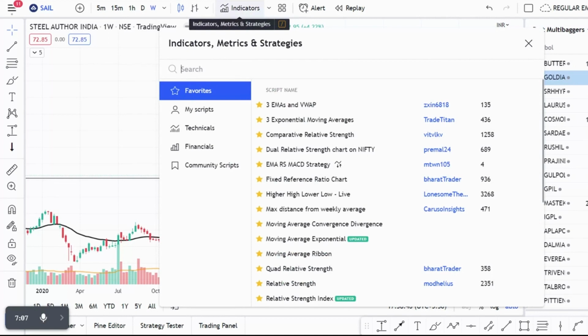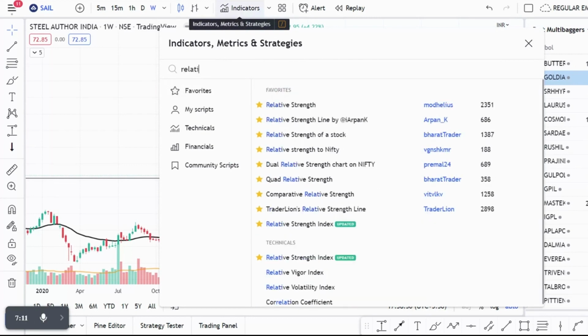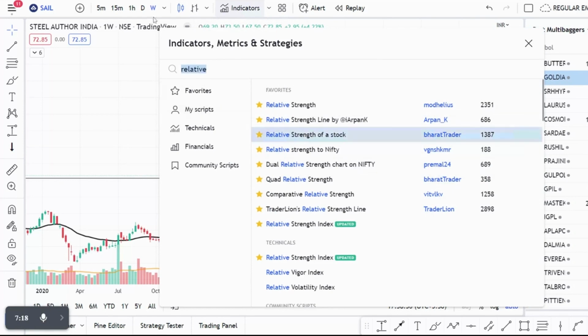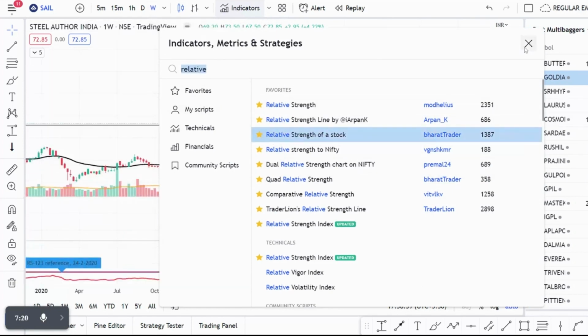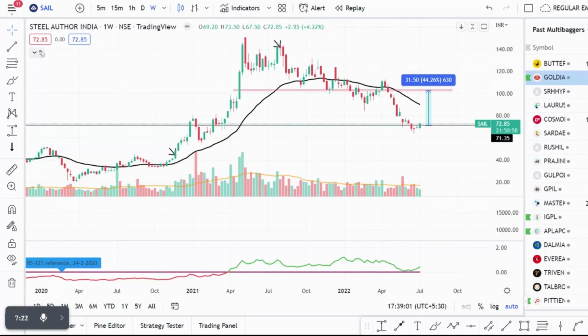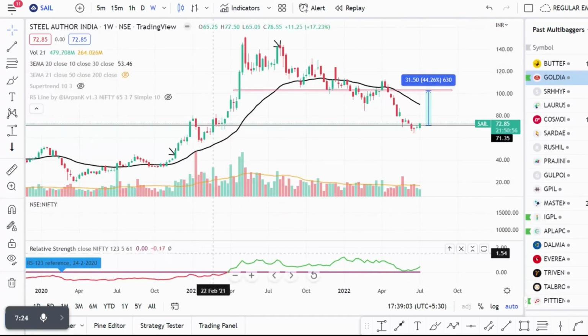As you can see here, the relative strength line is in green color, and we would change the setting from 123 to 52, because there are 52 weeks in a year.